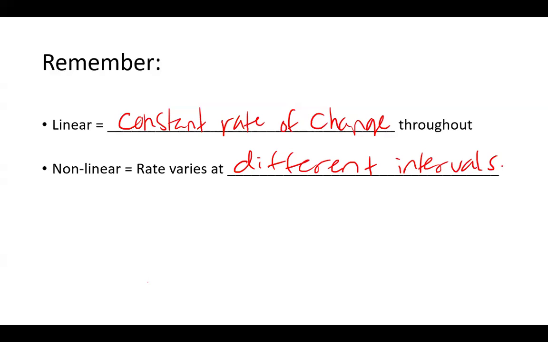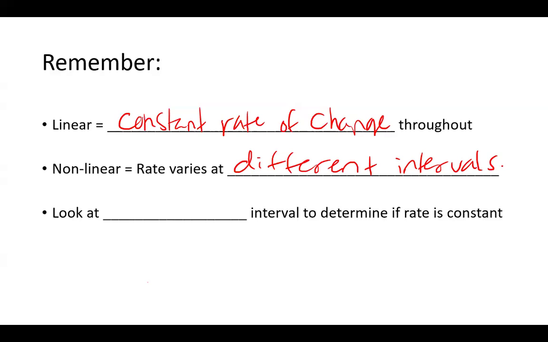Okay. So think about Karen, right? Karen, her rate changed at different intervals depending on how much extra energy she had, right? All right. When you are looking at the interval, look at the x values. You're going to look at the x values for the interval.